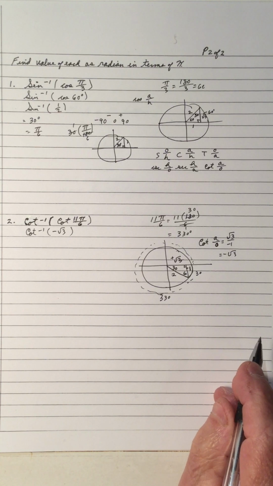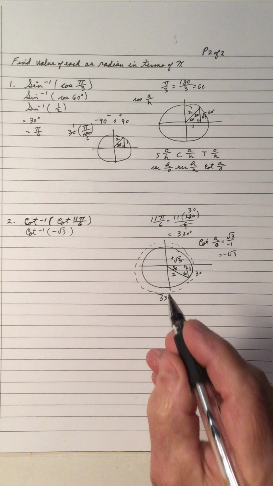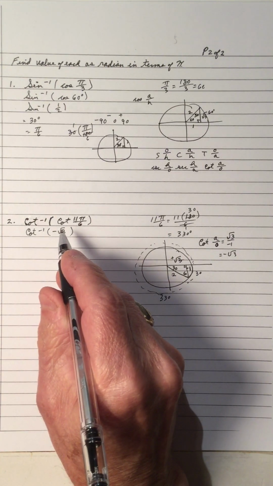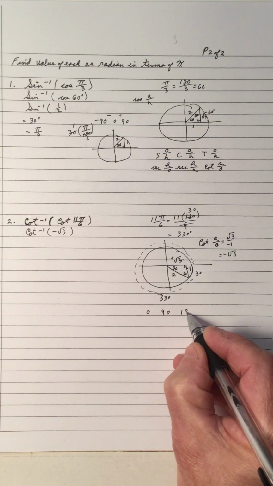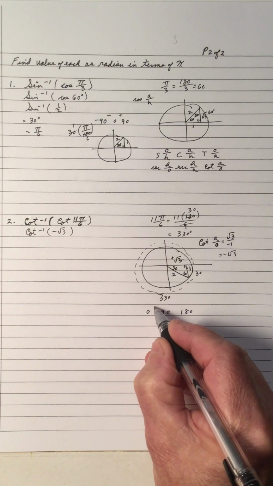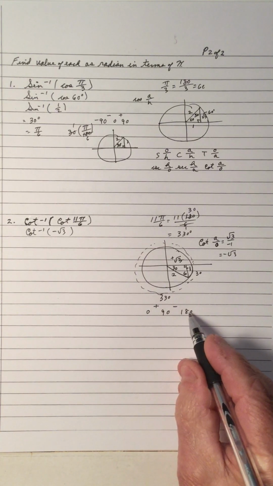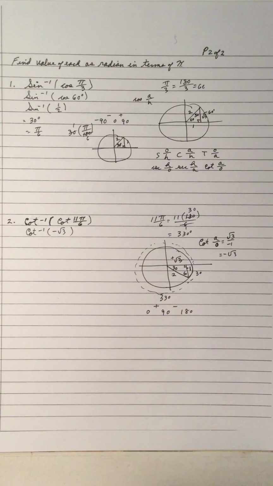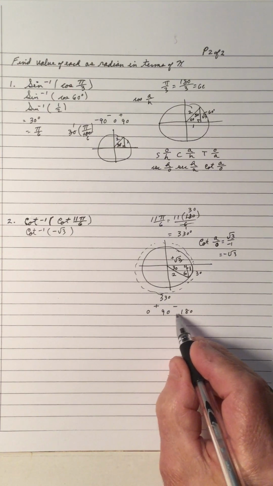Okay, that's done. Now we have to find arc cot of negative root 3. But before we do that, we have to look at cot. Tan is from negative 90 to 90, so cot is from 0 to 180. It's positive from 0 to 90, and then it's negative from 90 to 180. This is a negative number, so that means this is in quadrant 2.